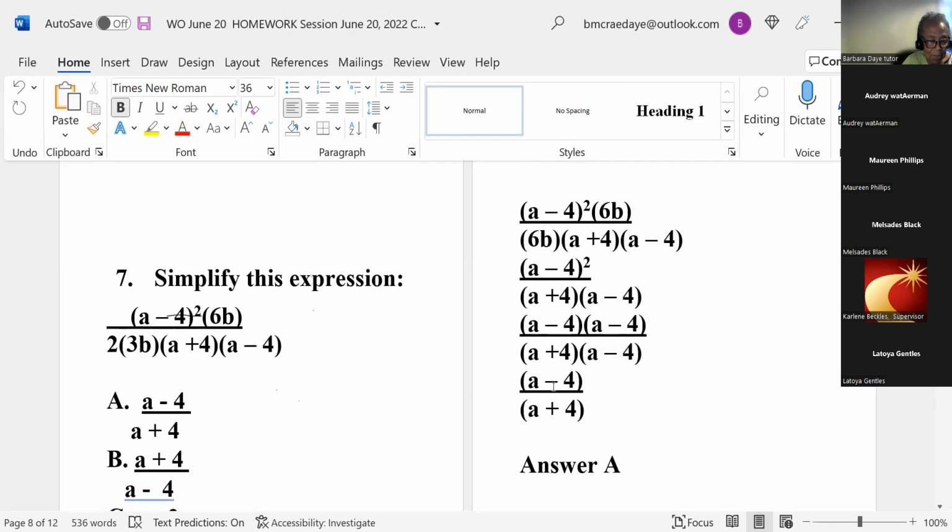They come out and you're left with a minus 4 over a plus 4. You take out the common ones. You could just cross them out, because over themselves, they just equal 1. And when you multiply 1 by any expression, it just gives you the same expression, right? That was number 7. Any questions on number 7?